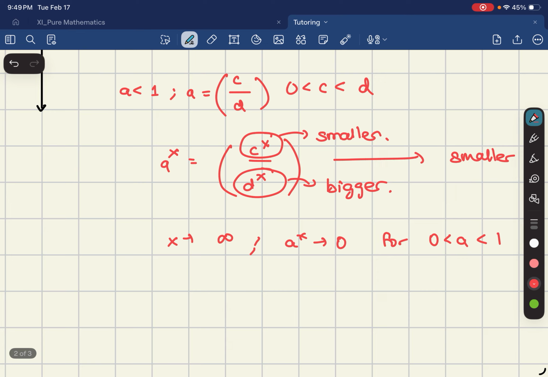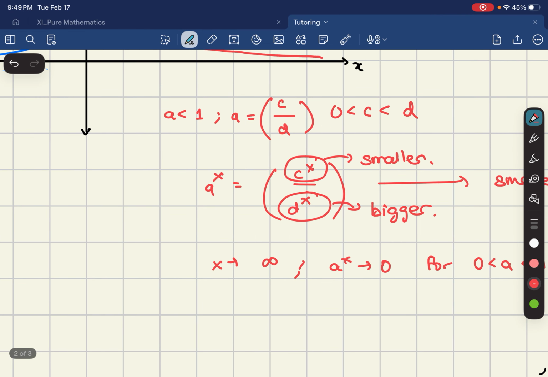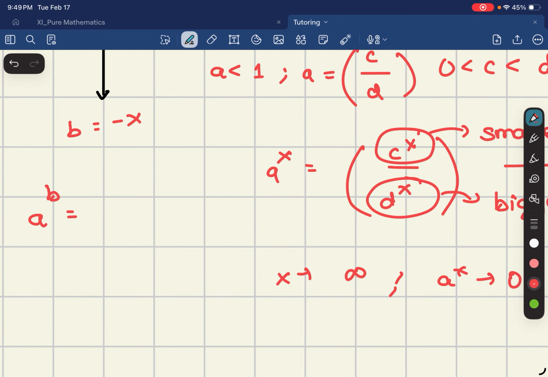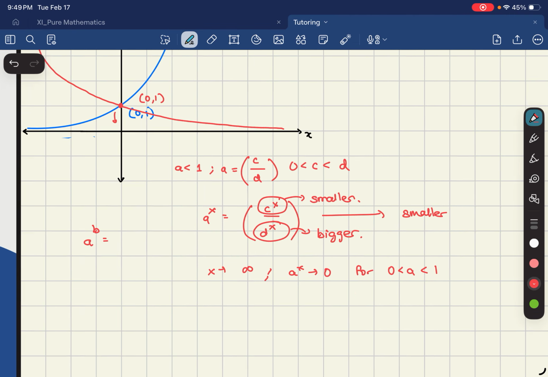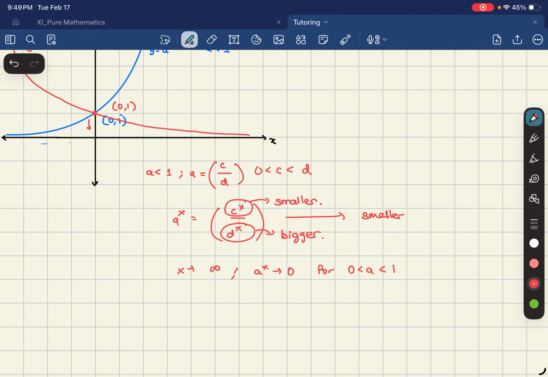And if you take negative values of x, let's say b is equal to negative x, we want to see what happens if b is negative.